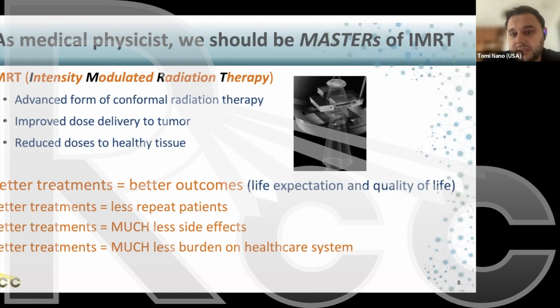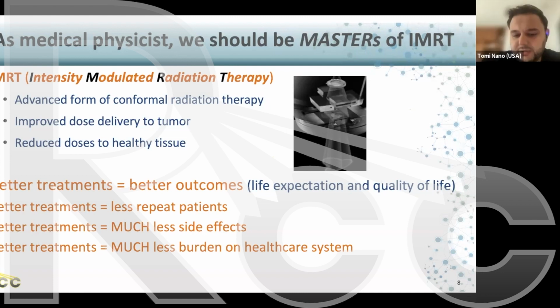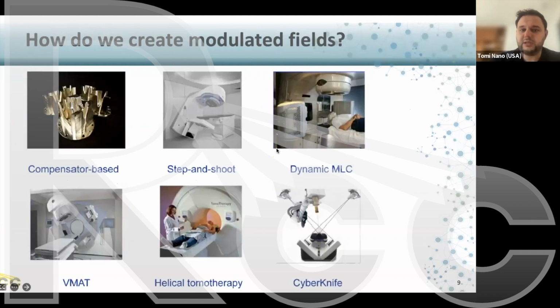Reduced repeated treatments. So a lot of times we can either miss the tumor or sometimes have adverse events that require the patient to be treated repeatedly. Also, much fewer side effects and reduced burden to the healthcare system. So all of this is really important. And it all comes as a result of our ability to modulate fields. And there are various ways that we can modulate fields, such as compensator based, which were very common back in the day.